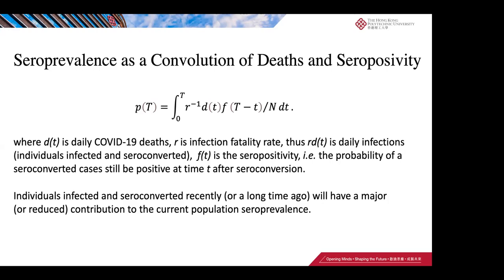At some time the testing may be more enhanced, or the testing reporting ratio may impact that severely, but mortality is relatively more reliable. We assume that the infection fatality rate is relatively constant. This is my assumption, and I didn't see strong evidence to suggest otherwise.